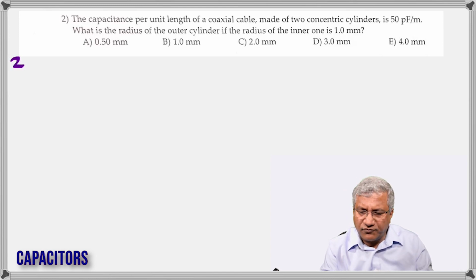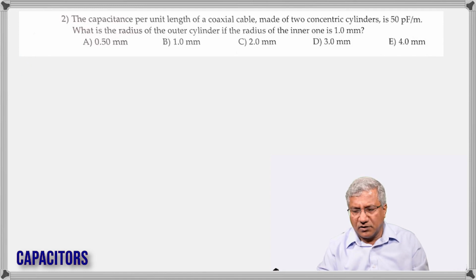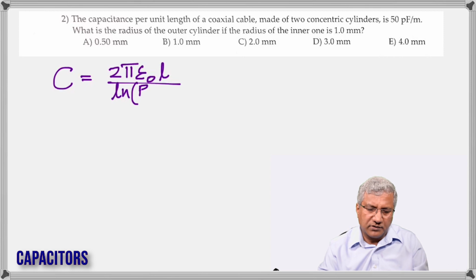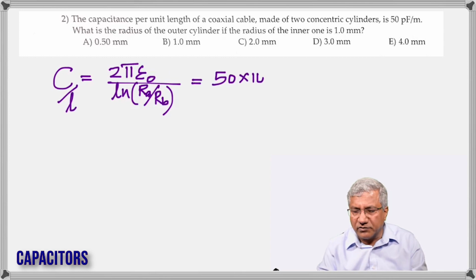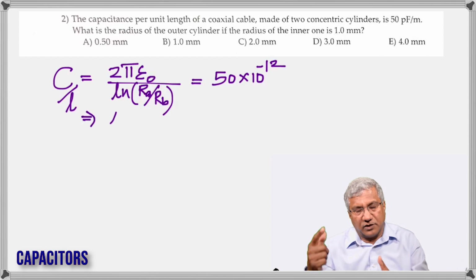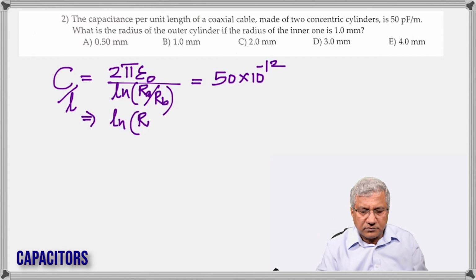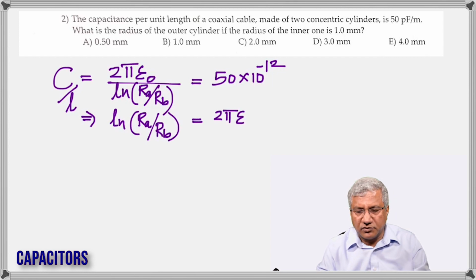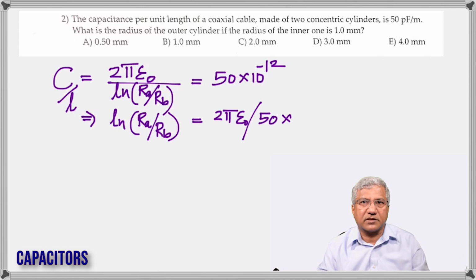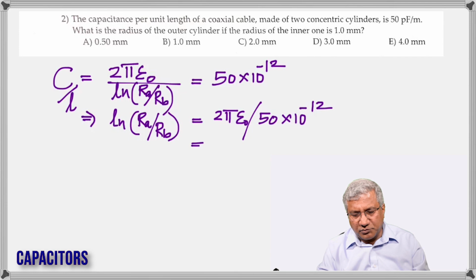So go to the formula for the capacitance of a cylindrical capacitor, which is C is 2 pi epsilon naught times the length, divided by natural log of outer radius by inner radius, where A is the outer one and B is the inner one. So when we rearrange that, we're trying to look for the radius of the outer one.